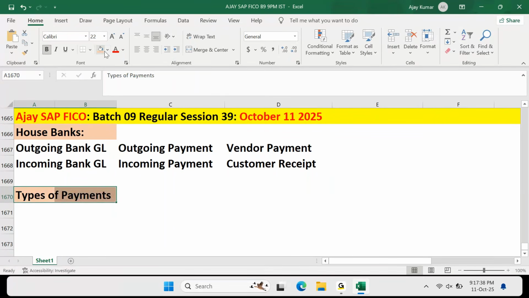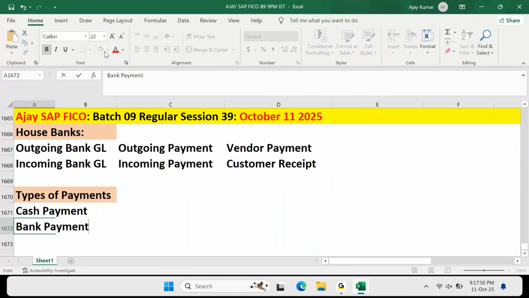When you talk about type of payment, let's say I'll talk about cash payment, I'll talk about bank payment. Any other way for you to make the payment other than cash, other than bank? No, we don't have a barter system in accounting, right? Do you have it in real life? No. You have to either pay in cash or pay through bank.